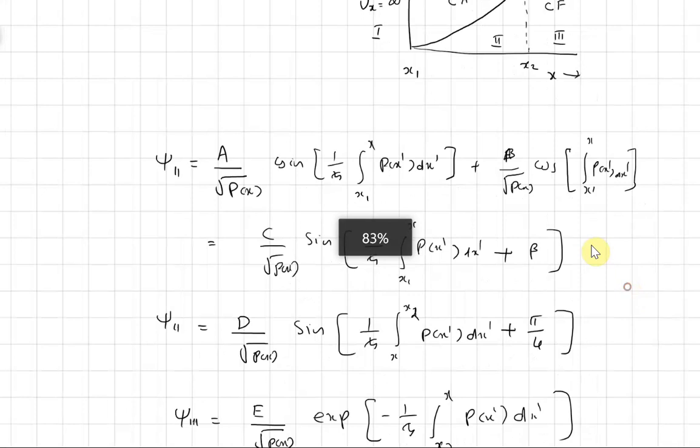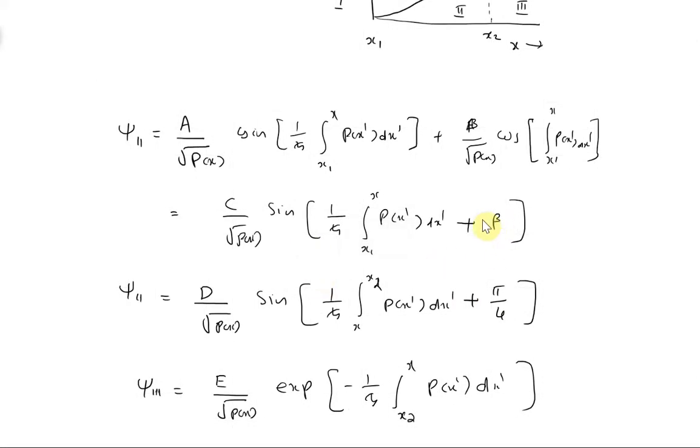To find that, we have done in the previous case exactly the same way. We have to compare psi 2. You have two psi 2's here. One is this quantity and another is this quantity. Here I don't know right now what is beta. I have to find that out and then equate with this quantity. Then you will be getting the quantization.